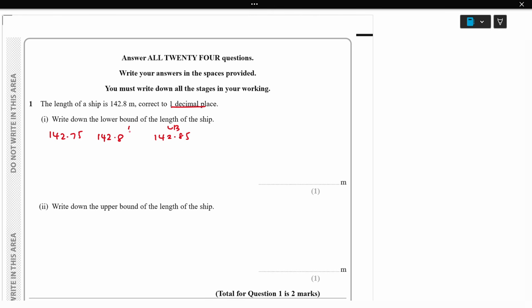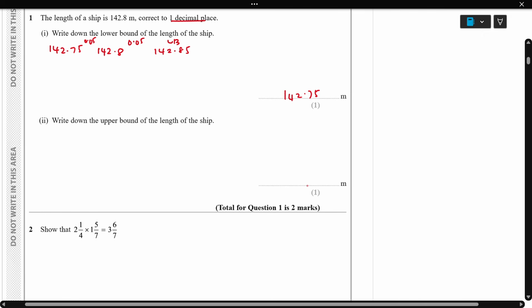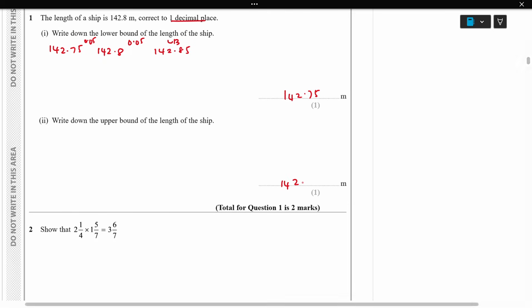So here the lower bound is 142.75. Next, the upper bound is going to be 142.85.